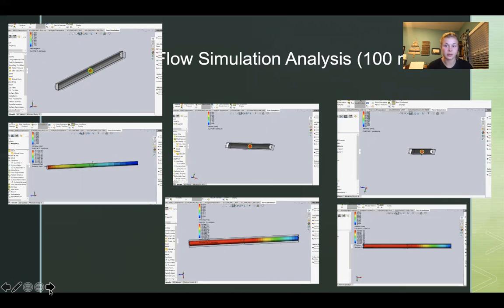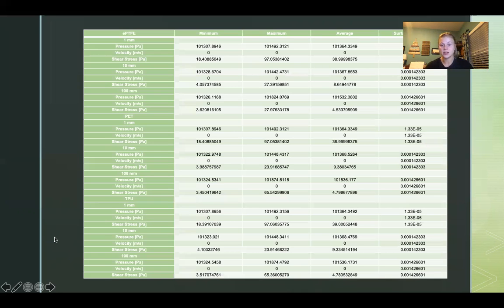It does start where the inlet flows, but it relieves pressure as the blood flows, versus the last two have very similar effects, where there's a very high pressure and effects to the material for more than half of the blood vessel.